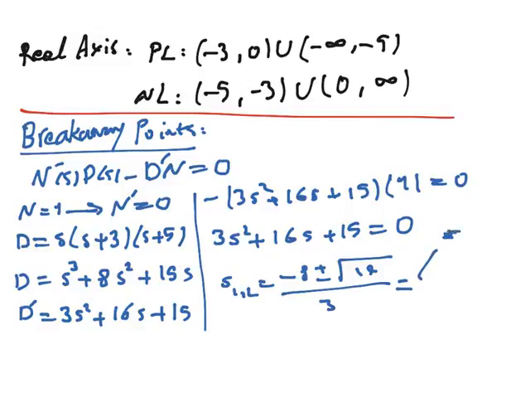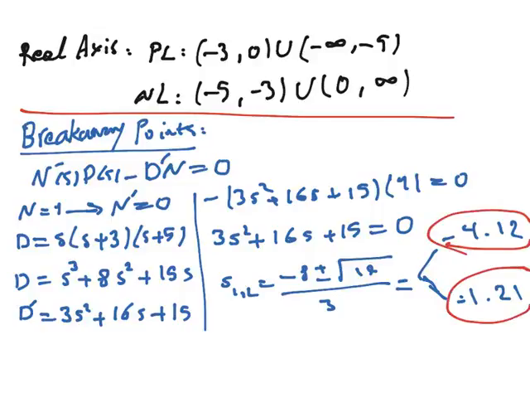minus 4.12 nearly, and the other solution will be equal to minus 1.21. So these two will be the answers to the equation that we have: 4.12 and 1.21 with the negative sign.